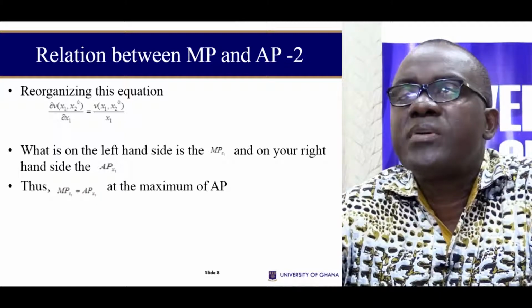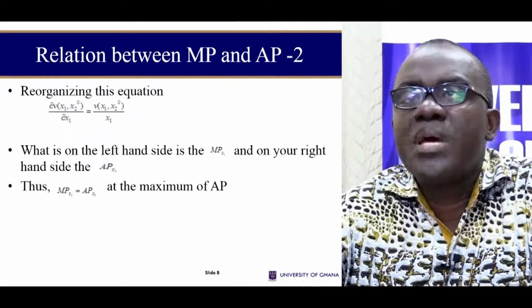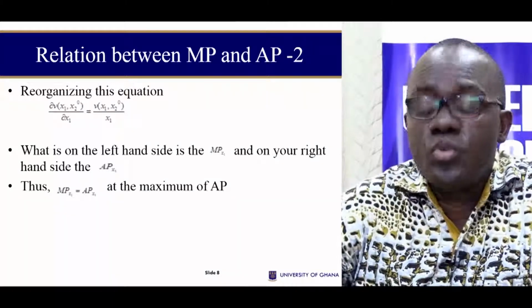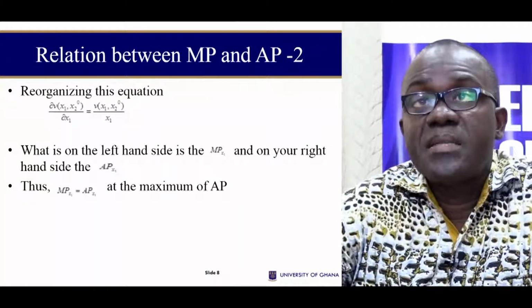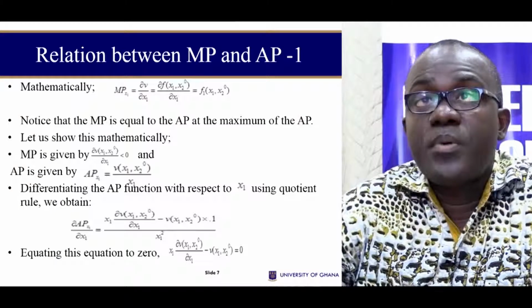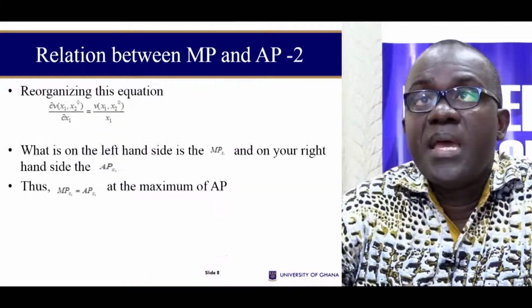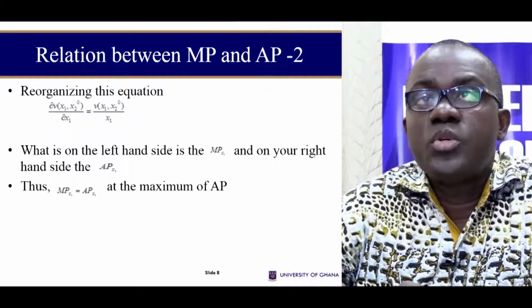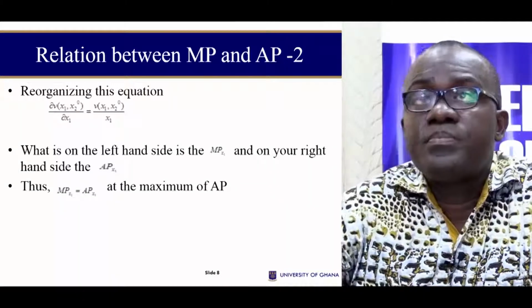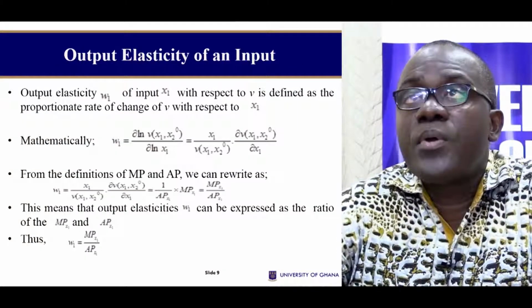What is left on the left side is the average product, and we have the marginal product being equal to the average product at the maximum of the average product. So what we've done here is to show that the average product is equal to the marginal product at the maximum of the average product.